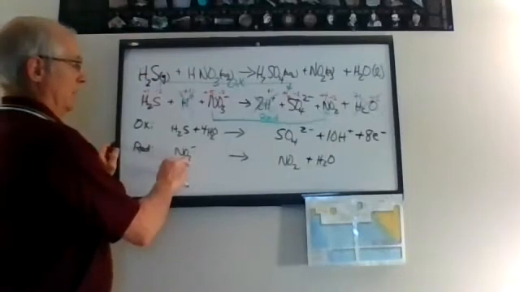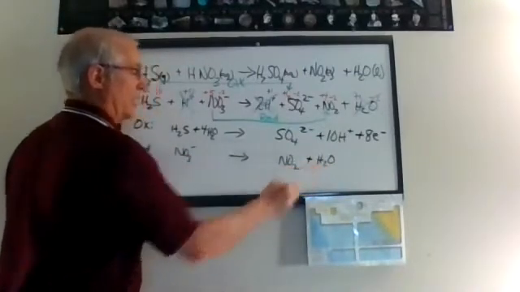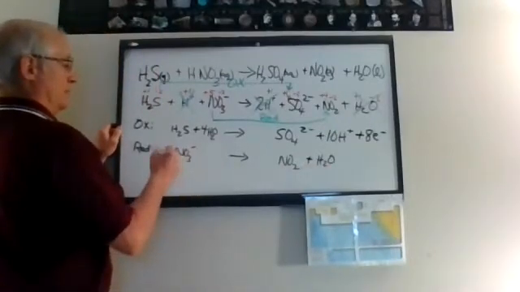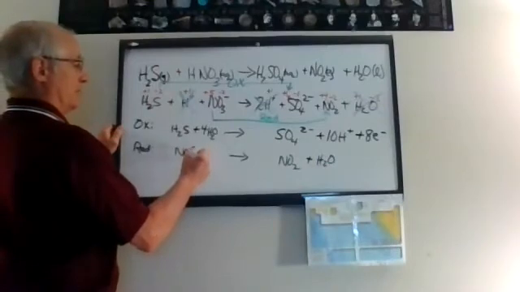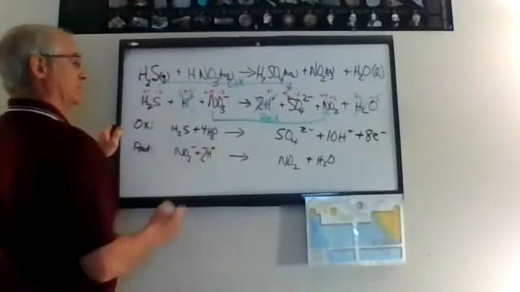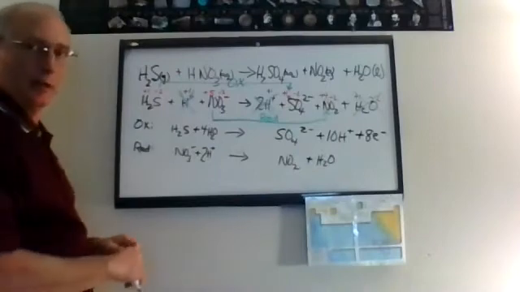You have 1 nitrogen, 1 nitrogen, but now you have 2 hydrogens. So you need 2 hydrogens over here. So we're going to add 2 hydrogen ions. Now we got our 2 over there and 2 over there. So it's balanced by mass.